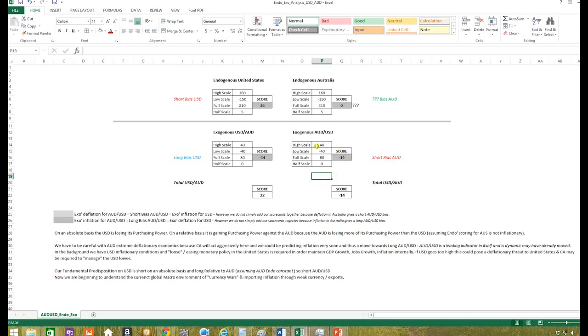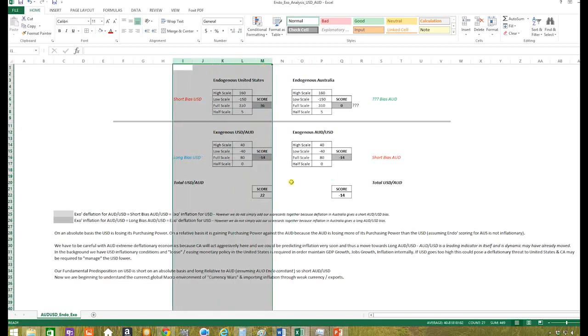Now, how do we actually relate this over to the exogenous analysis when we scorecard on the side of the US dollar?